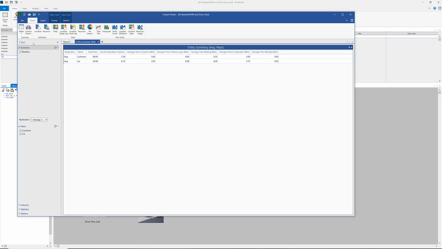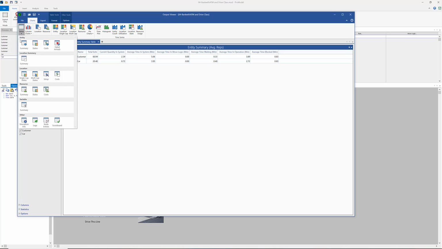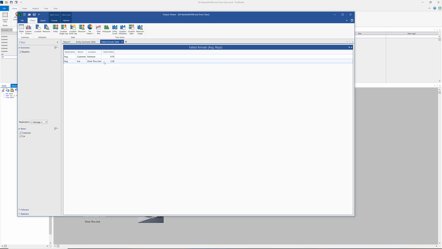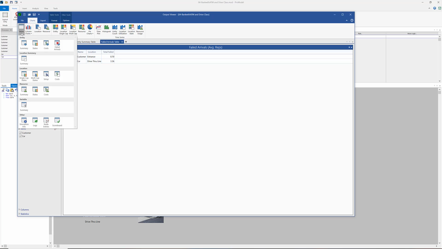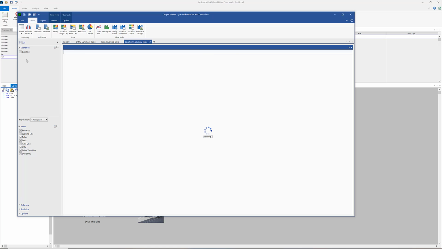That is good. Then let's look at failed arrivals. The failed arrivals is 0.7. Failed car arrivals is 3.36, because there are 3 cars already in the line, so cars just drive away. Location summary.